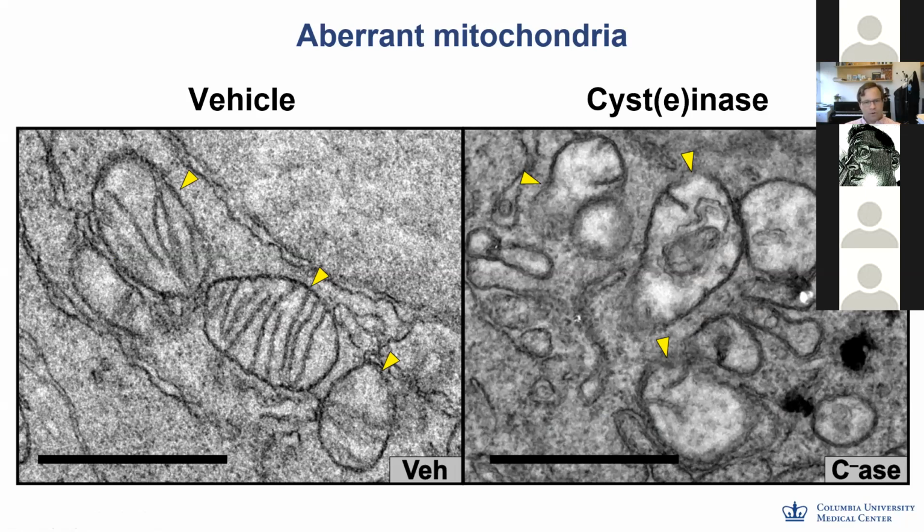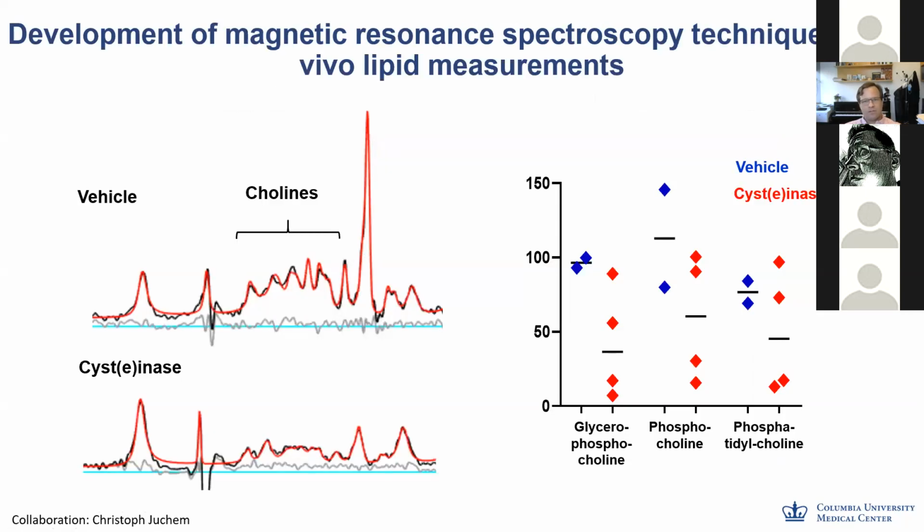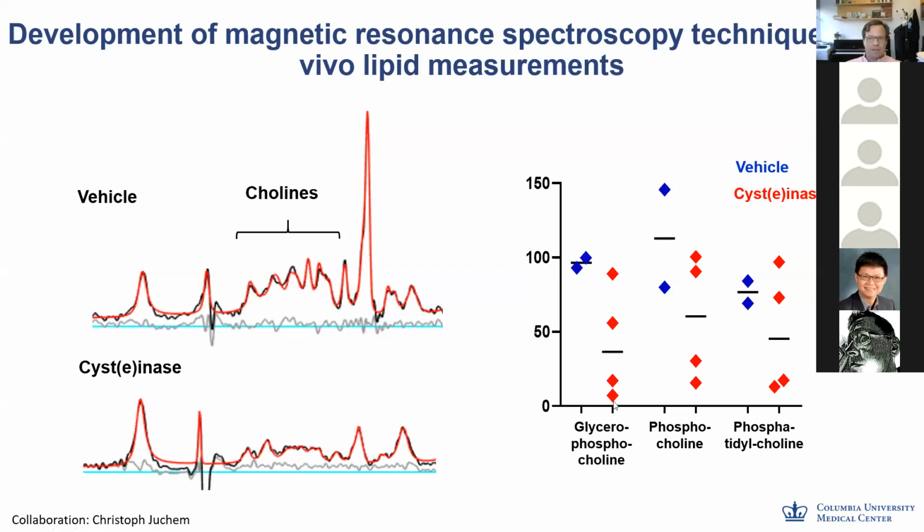And so one of the things that I think is actually most convincing didn't even make it in the paper, which were down-regulated in mice that were treated with cysteinase.